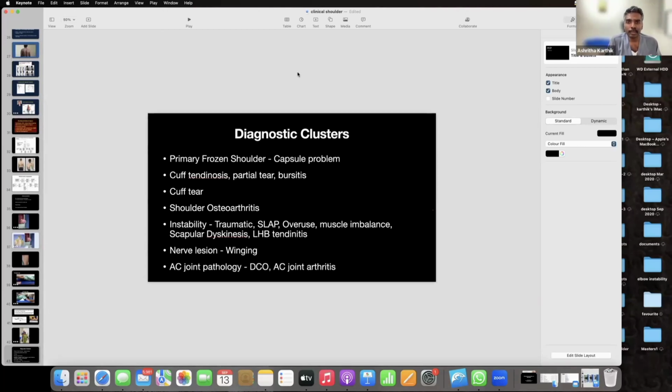As I told you, the patient comes with shoulder pain to me as a first visit. I do the fast track examination that I showed you. I get a plain X-ray, and I come to a working diagnosis.